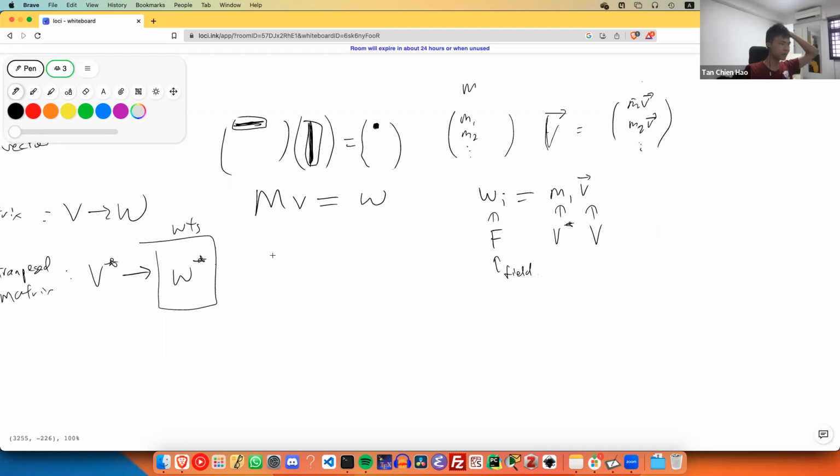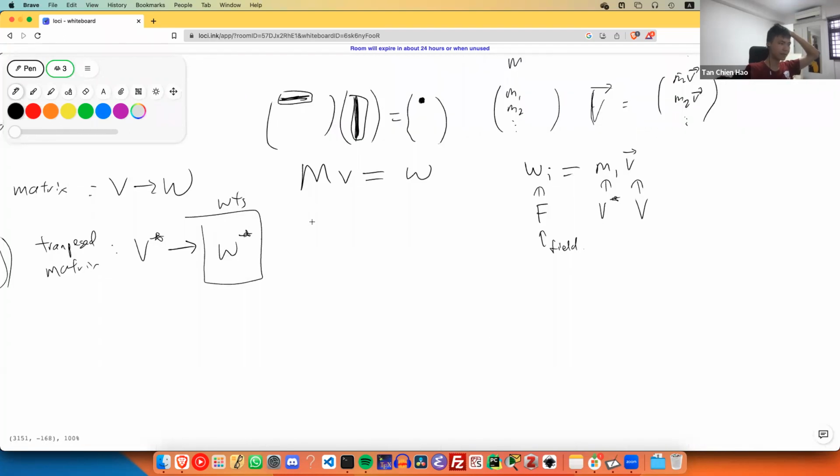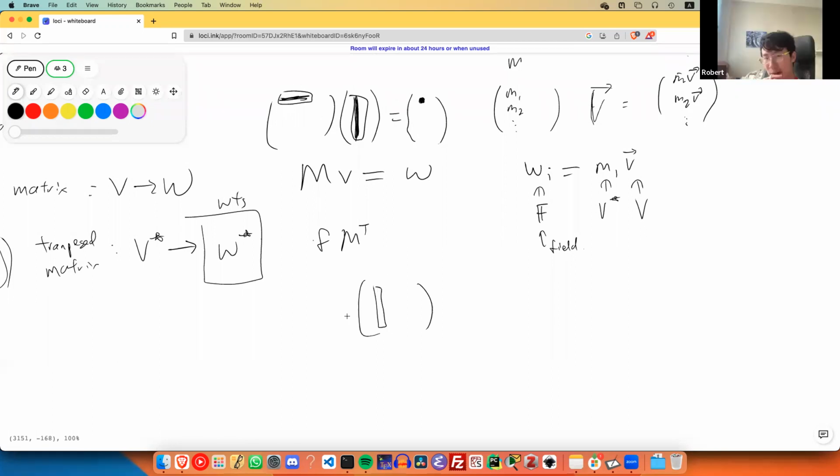Okay, so if we think of the transpose matrix, M transpose, as acting on elements of V star, then from the right side, the picture will look something like that, where now each row becomes a column. And this is the f, which is basically an element of V star.